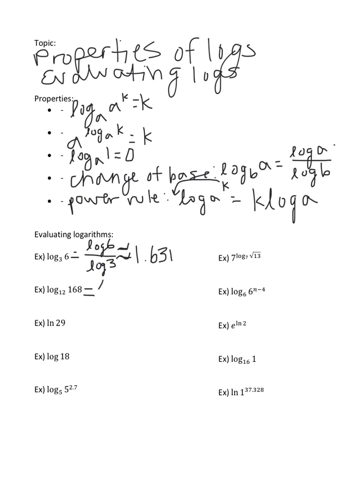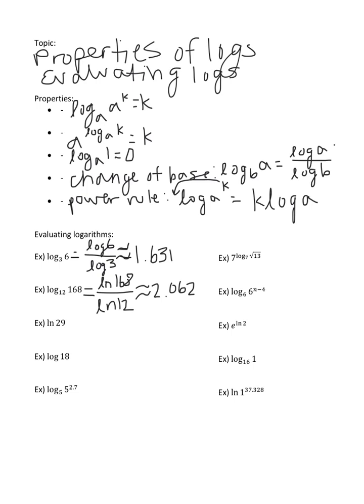So I can do natural log of 168 over natural log of 12. Log or natural log will get us the same answer, as long as we do it the same for the numerator and the denominator. So that one is approximately 2.062.